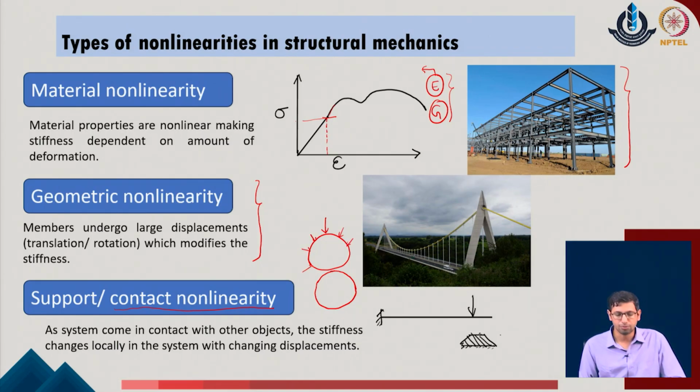But the moment the system makes a contact with the neighboring sphere or any other geometry, the region near the contact region will have a change of stiffness that will be introduced due to the contact between these two surfaces, and this is also one possible way of nonlinearity which exists in the given system.